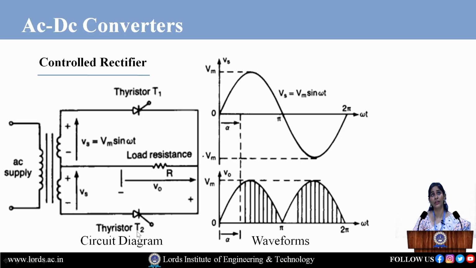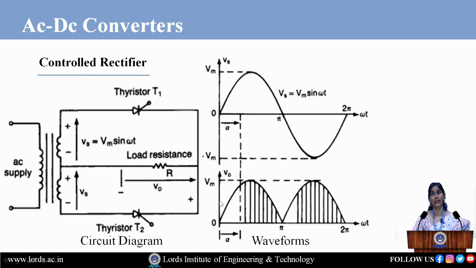T2 conducts, the current flows through the load and the same positive voltage appears across the load. So in the negative half cycle also we get positive output voltage. That is the reason we call it a controlled rectifier. By adjusting the firing angle of T1 and T2, I get a variable output voltage.